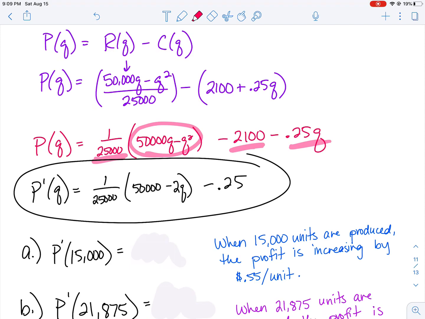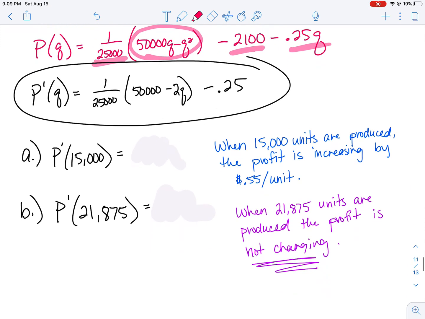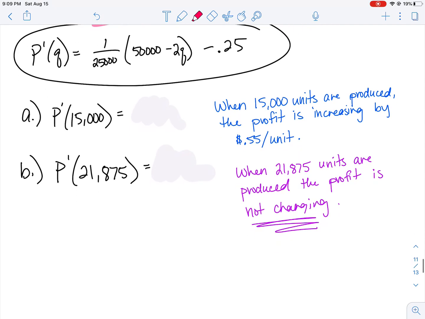So the first part of the question asks us to figure out our marginal profit when we sell 15,000 units. That means we're going to take 15,000 and plug it into our derivative of profit, our marginal profit. When I plugged in a 15 and put it in my calculator, so pause the video and do that and make sure you understand how to put it in your calculator correctly, I ended up getting 0.55. So what does that really mean?